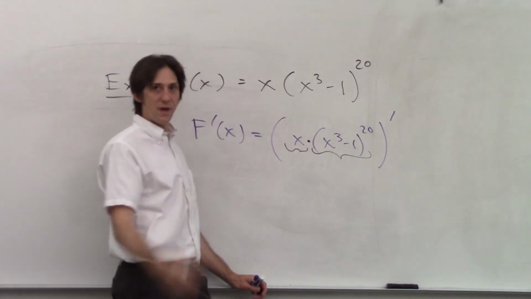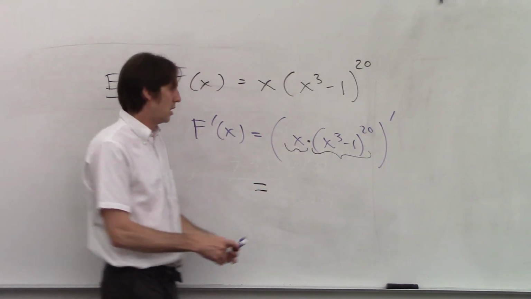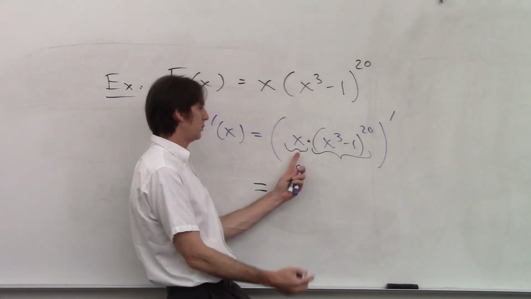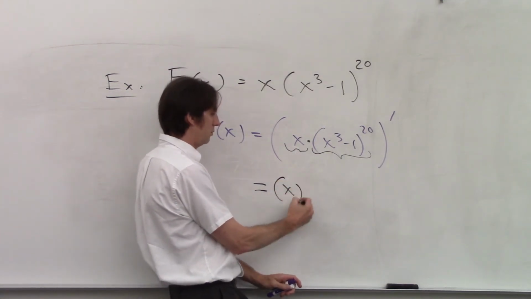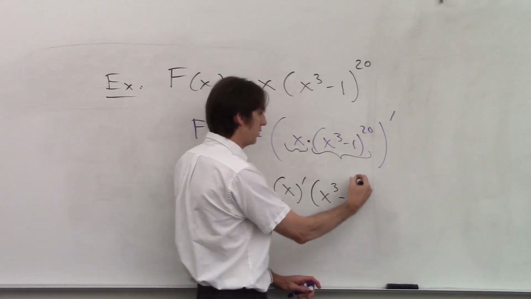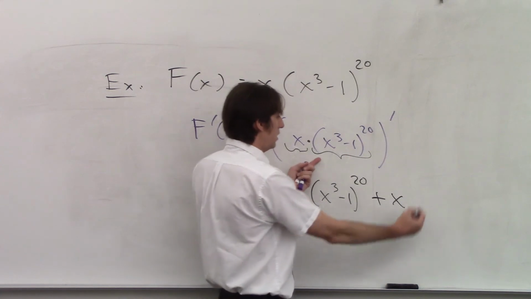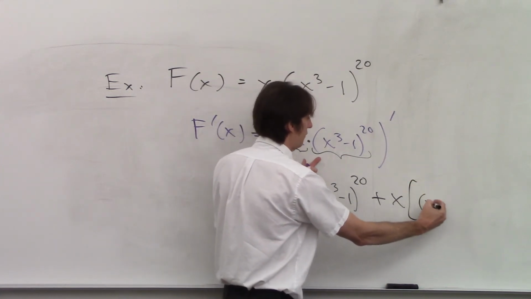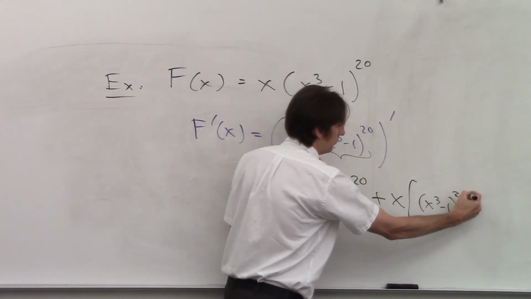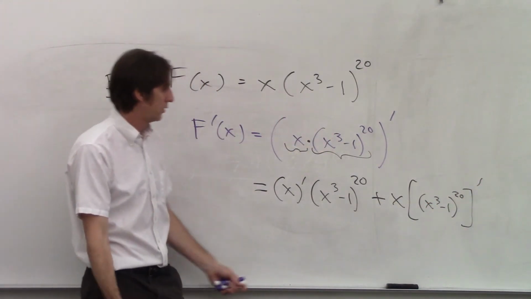I have two different factors here. So what did the product rule tell me? The product rule tells me do the derivative of the first factor, multiply by the original second factor, and then add the first factor times the derivative of the second factor. Make sure you memorize the product rule.